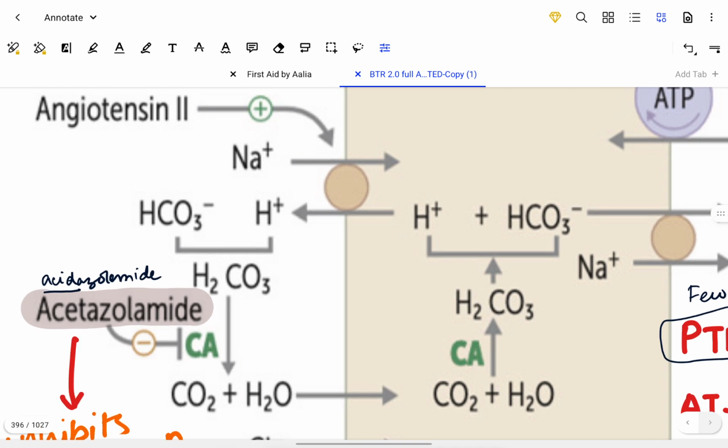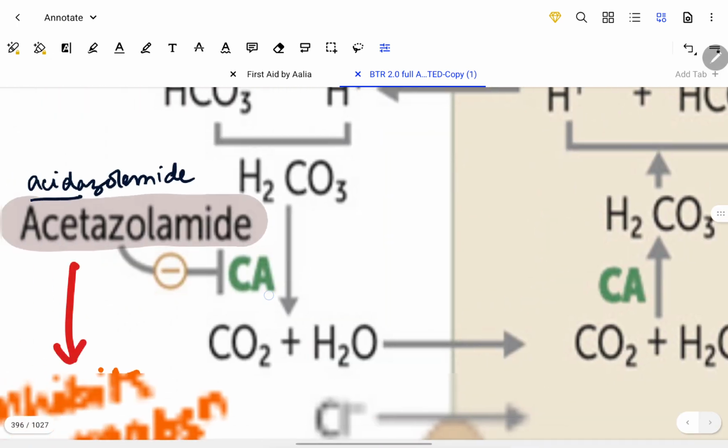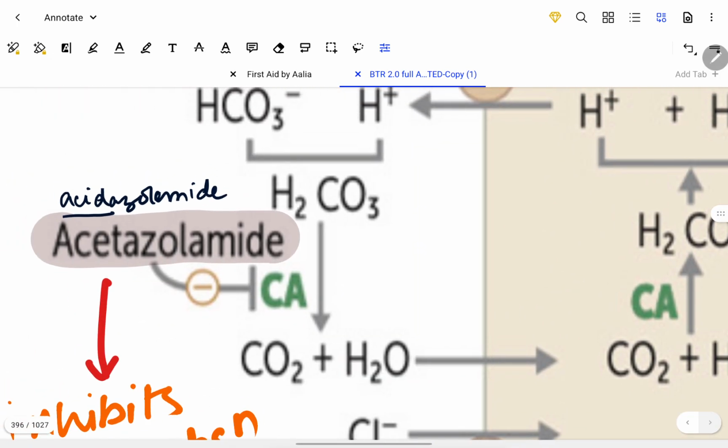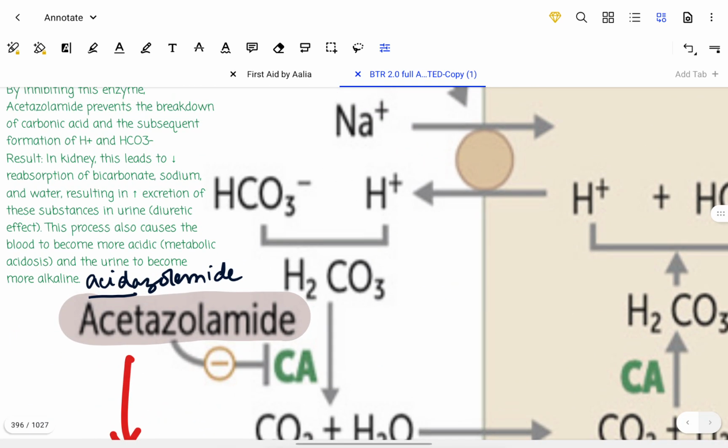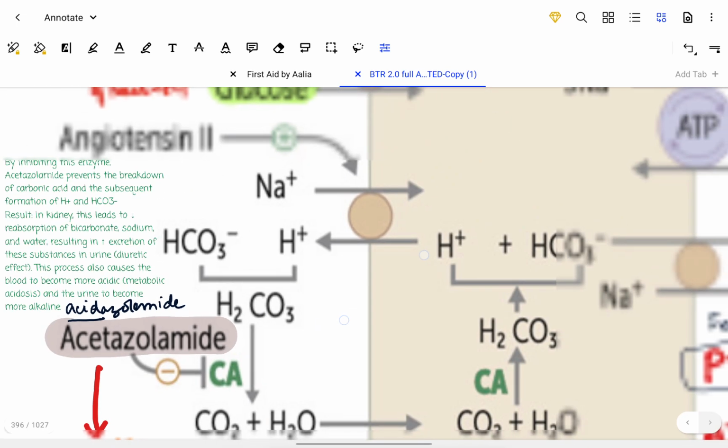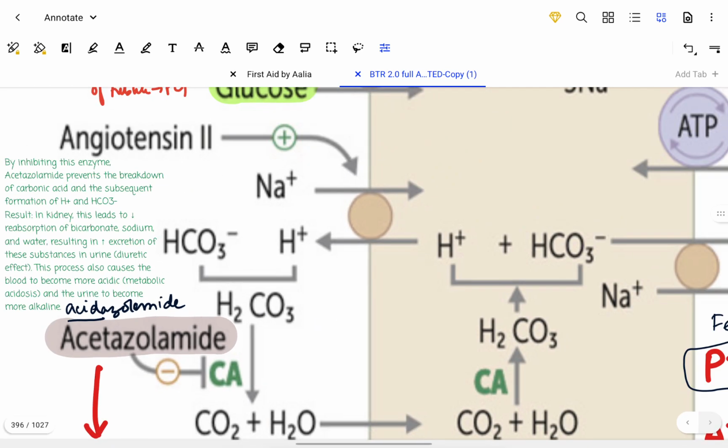H plus combines with the bicarbonate present in the urine and forms H2CO3. Acetazolamide acts here. Looking into what exactly acetazolamide is doing, it's inhibiting carbonic anhydrase. So let's look at it. Angiotensin 2 was increasing sodium reabsorption in exchange for H plus, right? H plus plus bicarbonate was forming carbonic acid.